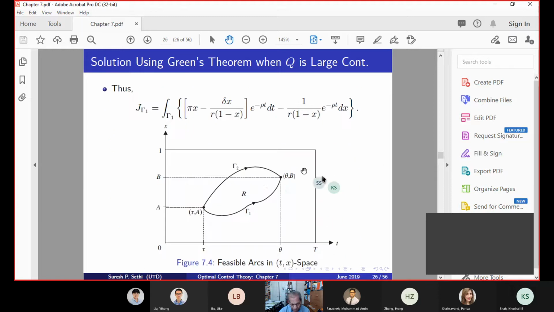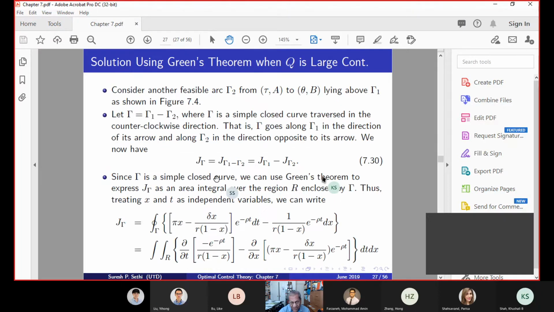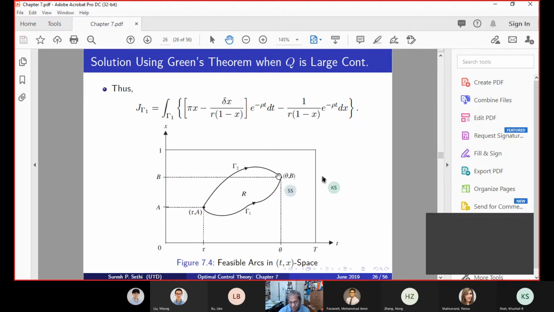Notice now, if I call J gamma 1 the profit of this trajectory, and J gamma 2 the profit of that trajectory, then J gamma 1 minus gamma 2 means an arrow on that side, the difference in the profit of this trajectory and that trajectory.